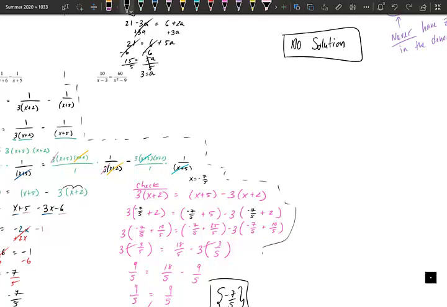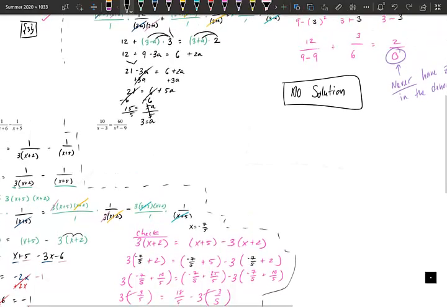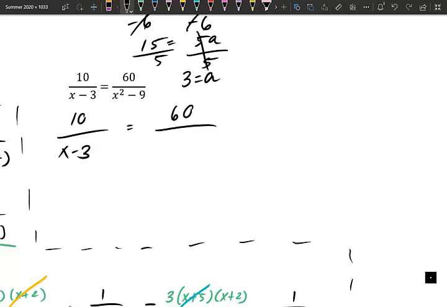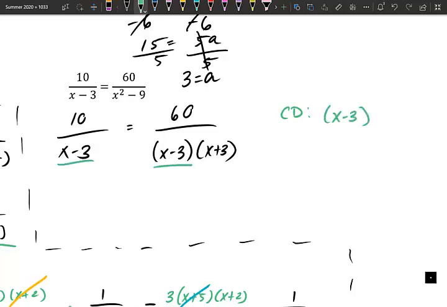All right, hopefully you paused it and tried it. If not, do it. Okay, let's do this now. Factor. Can't factor x minus 3, it's just x minus 3, but we can factor x squared minus 9, because that's x minus 3, x plus 3, difference of squares. All right, our common denominator, let's look for pairs. So x minus 3, and then whatever's left over, x plus 3.